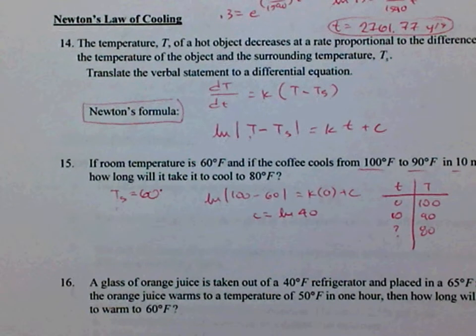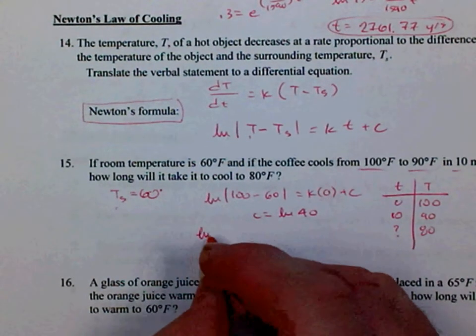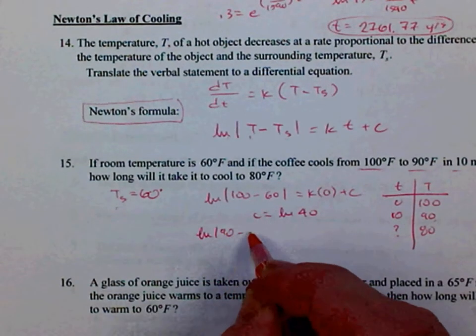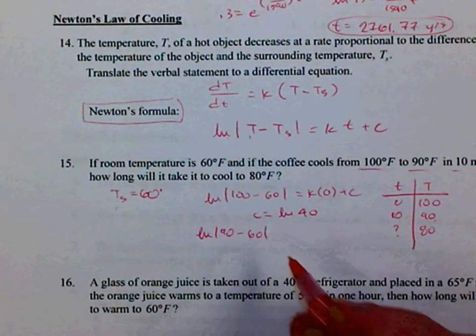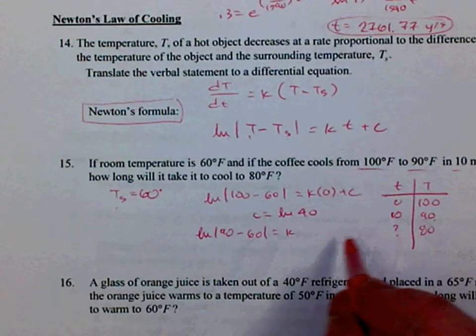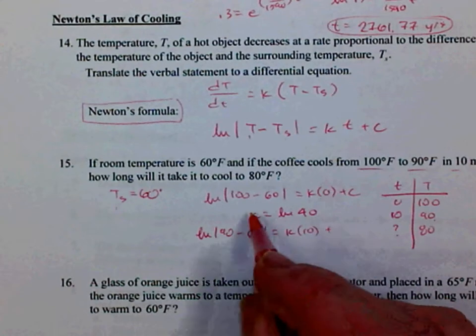The natural log of, we'll use this next temperature, 90, minus the surrounding temperature of 60, is going to equal K times 10, plus now we know C is the natural log of 40.